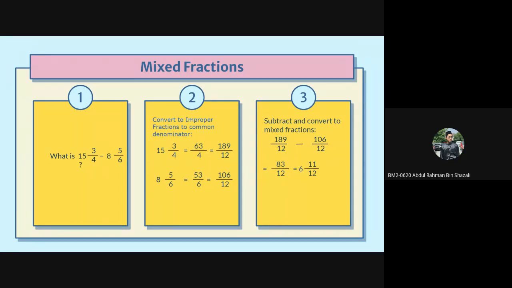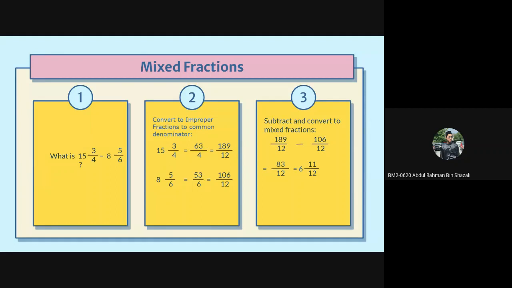So 15 3/4 as an improper fraction is 63/4. And for 8 5/6, the improper fraction is 53/6. And then we change to a common denominator.